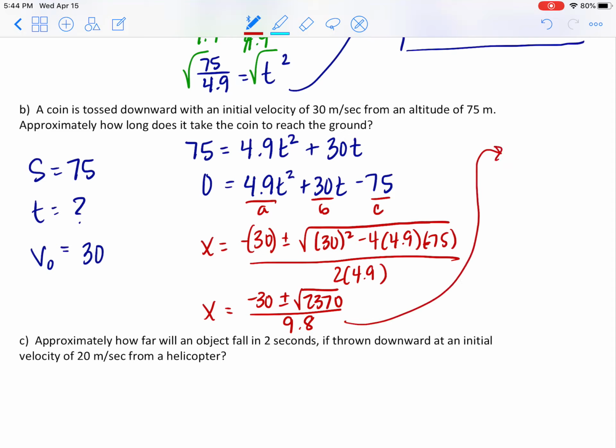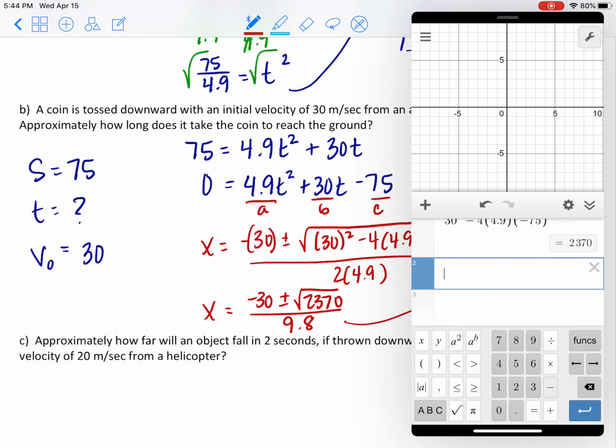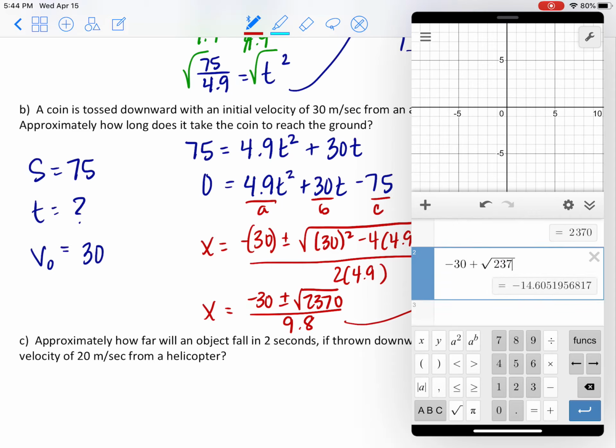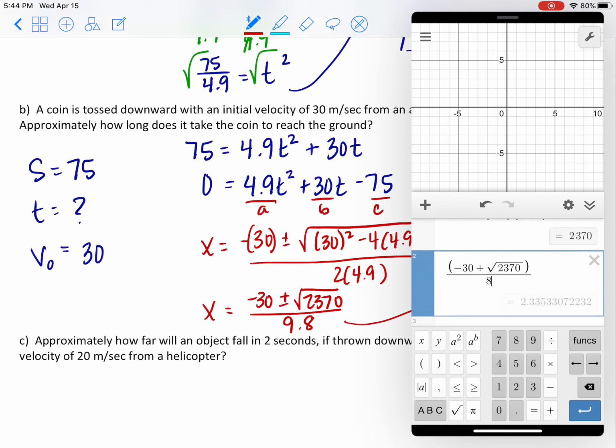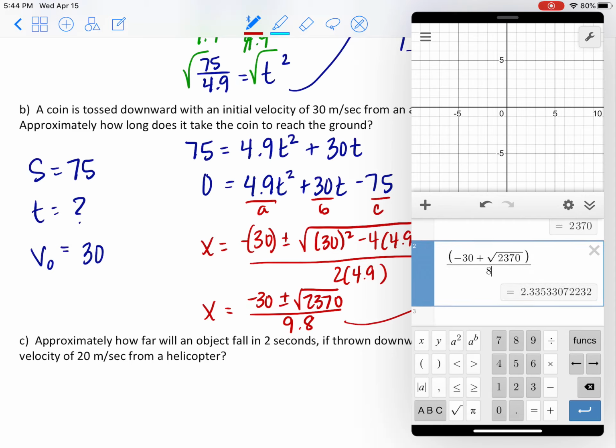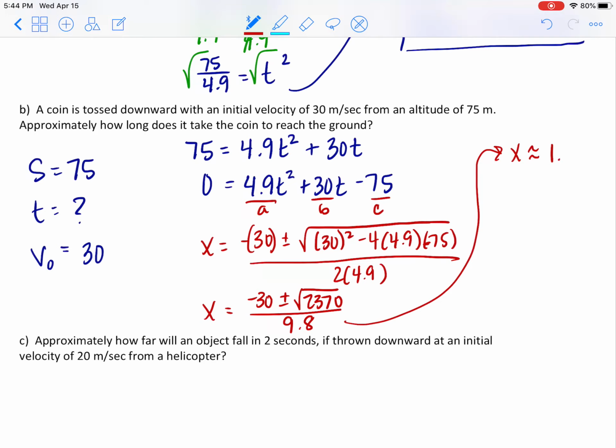So we're going to approximate that. Obviously, negative 30 minus the radical 2370 is not going to work out. So this is going to be approximately, let's just do the positive. We've got negative 30 plus radical 2370, and that's all going to be divided by 9.8.